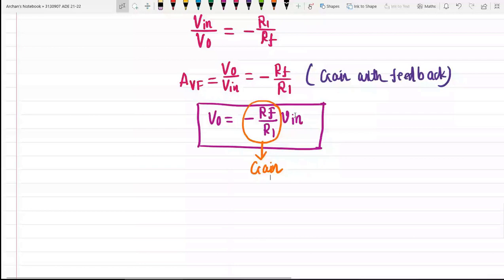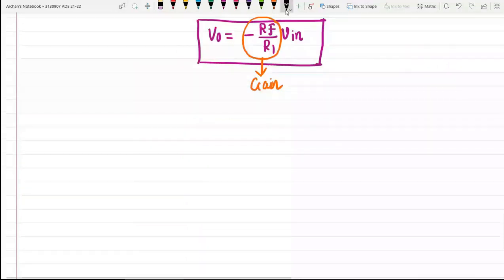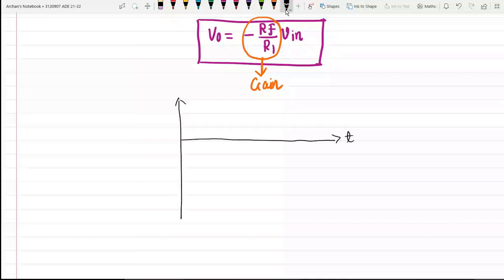So if I try to draw the input and output voltage waveforms, say I have a sinusoidal input voltage which is to be applied at the inverting terminal of the operational amplifier.